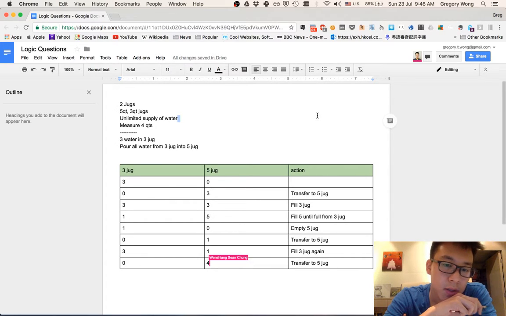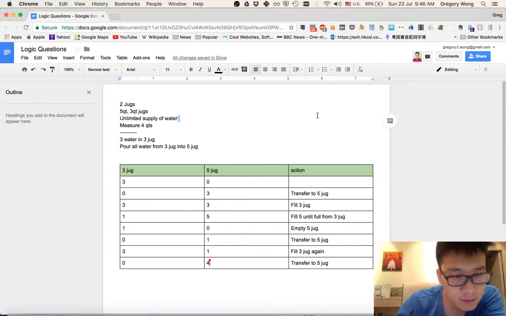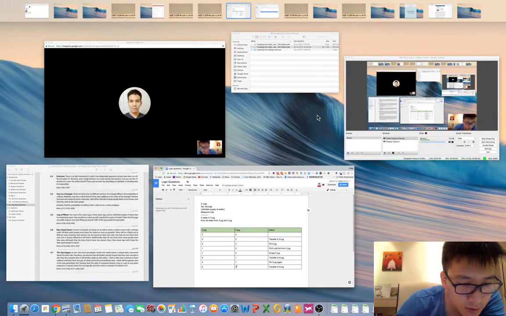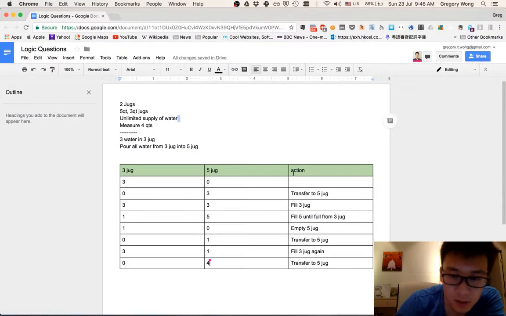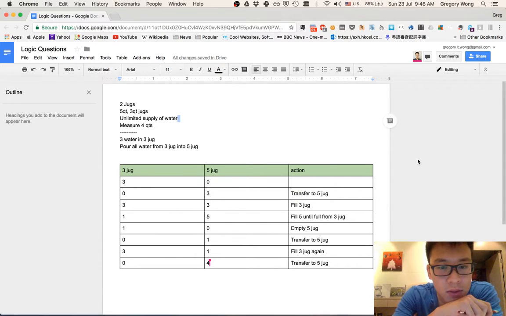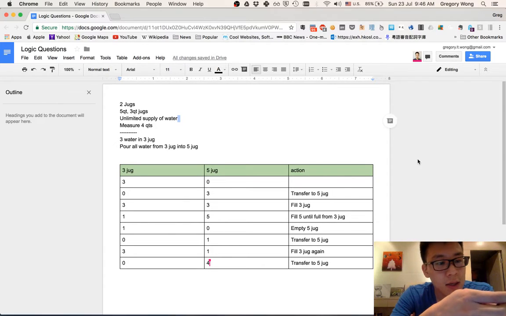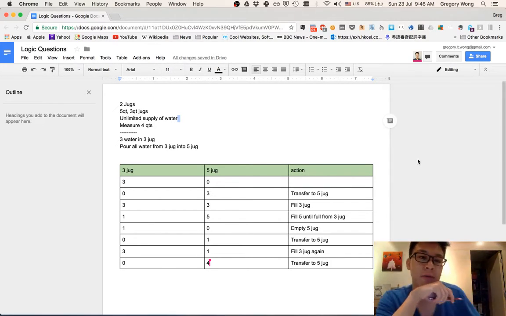Cool. So is there a way you can generalize this? Given two jugs of different sizes, what amounts can you figure out using this?